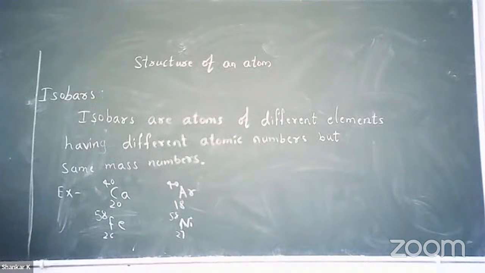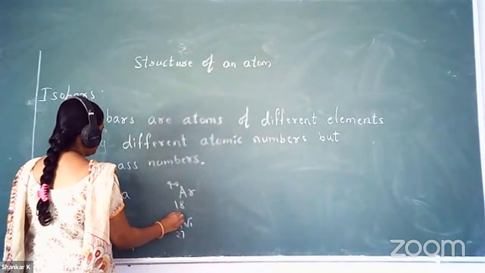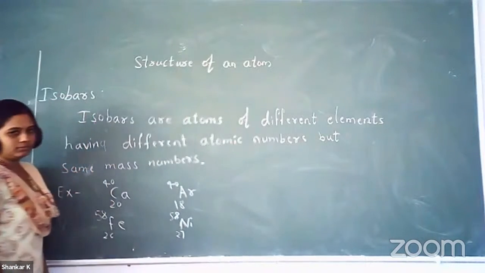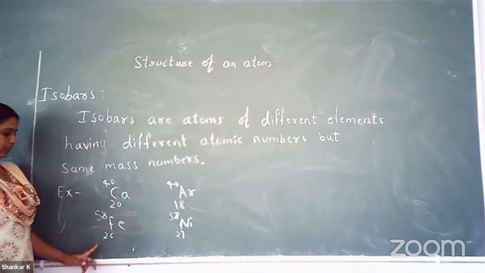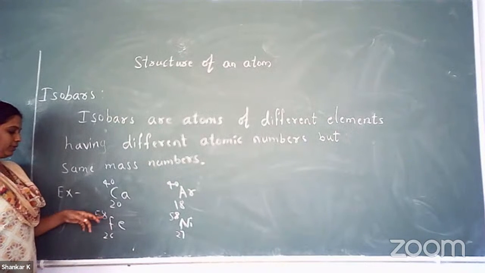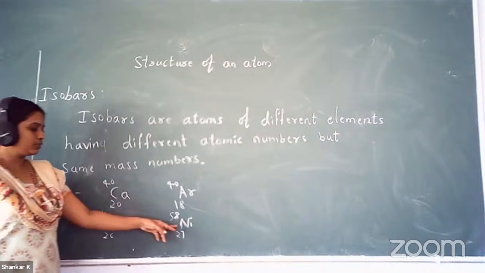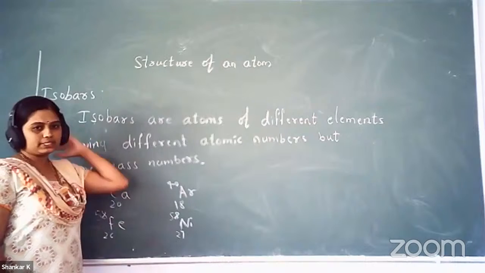I think it is nickel, right? Nickel, a metal. Here, iron has atomic number 26 and mass number 58. And like that, nickel has atomic number 27 and mass number 58.